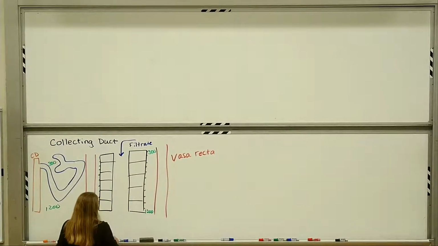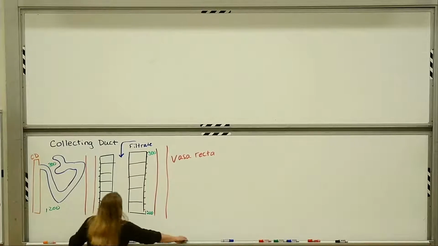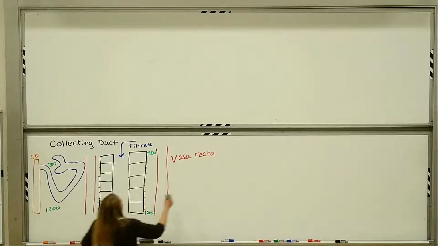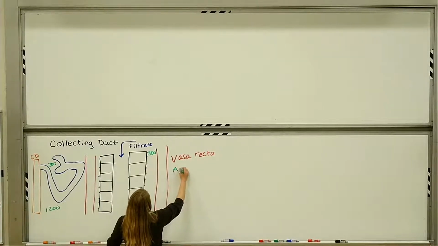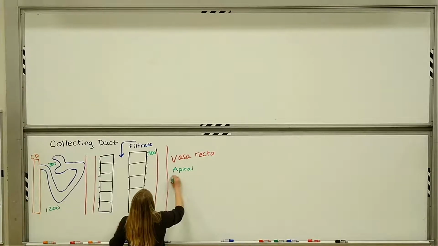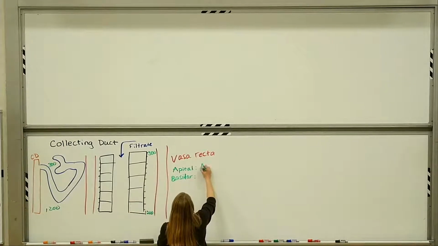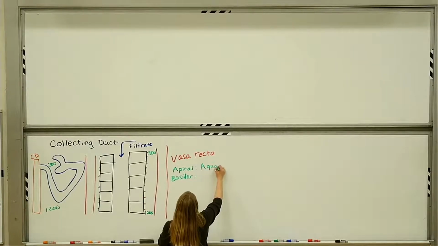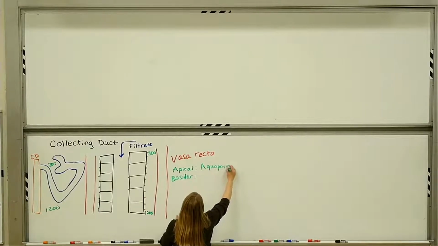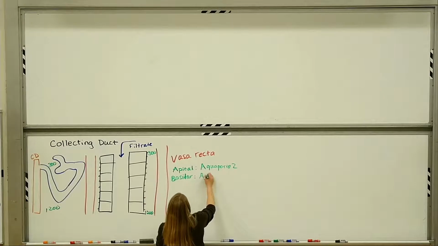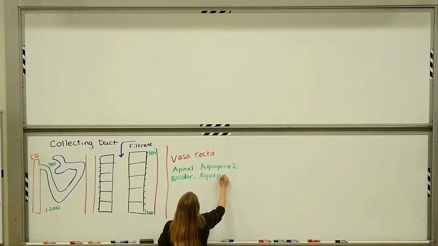So we are going to use green. So we've got to have receptors to move that. And we've got to have one on the apical side to move it into the cell, and then one on the basilar side to move it out into the interstitium. And it's going to be the same on both sides, aquaporin 2.